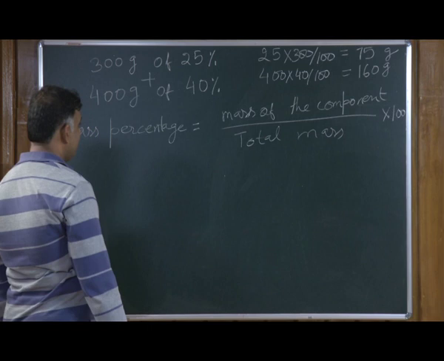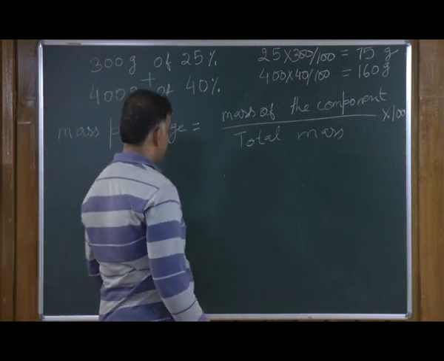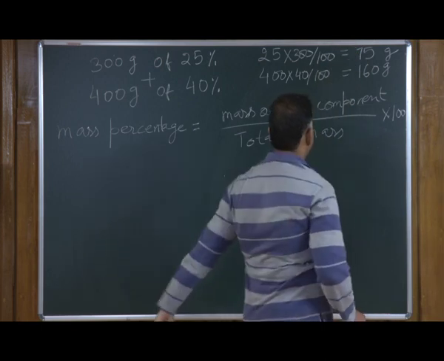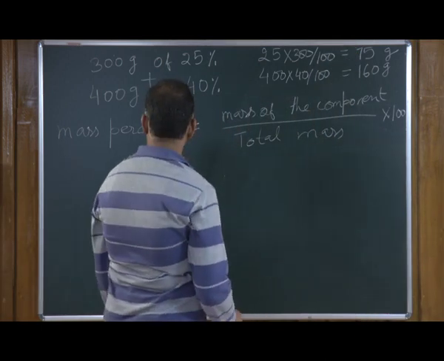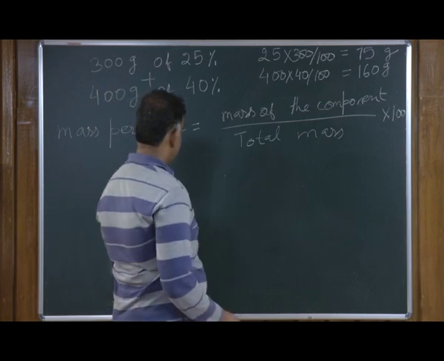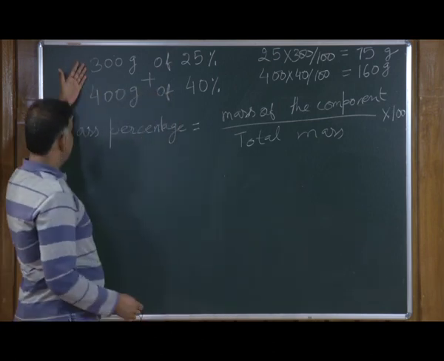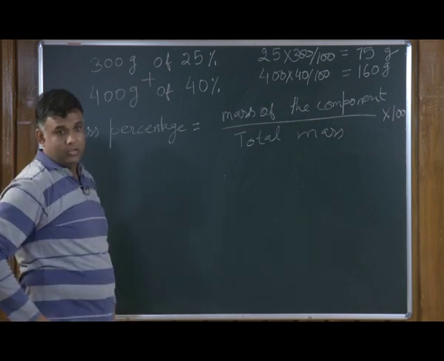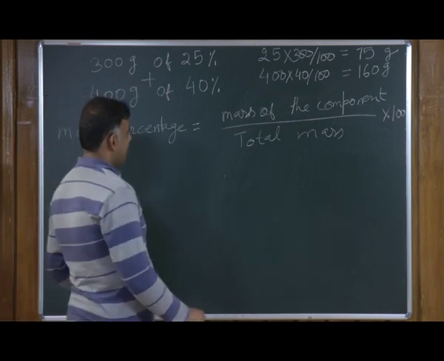Okay. So, we know the mass of the solute, we simply add these two. Now, we need total mass, that is straightforward. We are adding 300 gram of solution 1 and 400 gram of solution 2, so total weight is obviously going to be 700 gram. Now we have all the information.